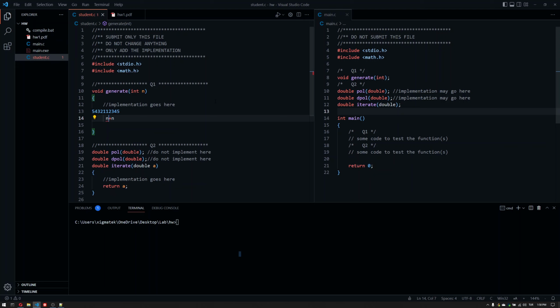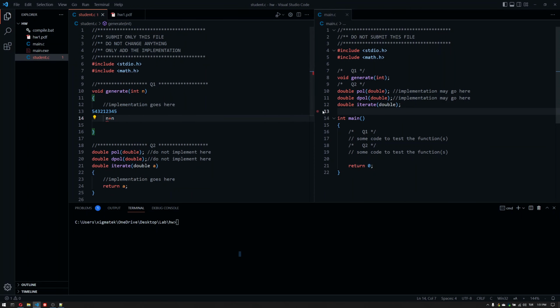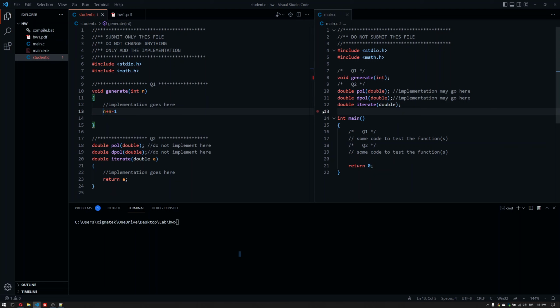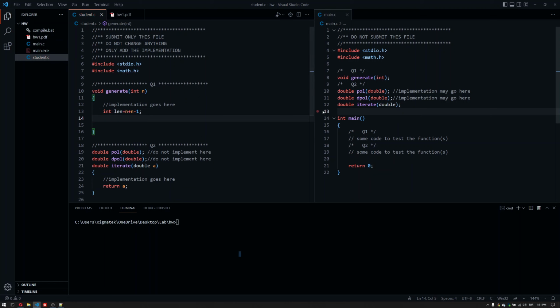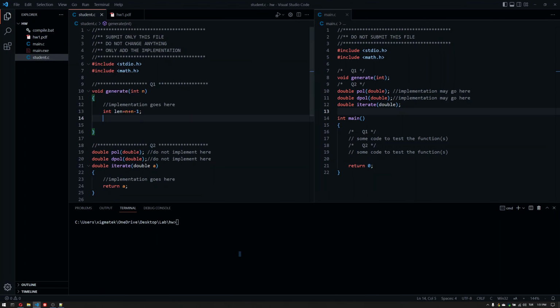Since we are missing just 1, and the 1 appears on this structure just once, it means that I have 1 missing. So n plus n minus 1 or n minus 1 plus n would be the amount of digits that I need here. Let's call this int len. This will be the width or height of my whole screen that I'm going to print here.